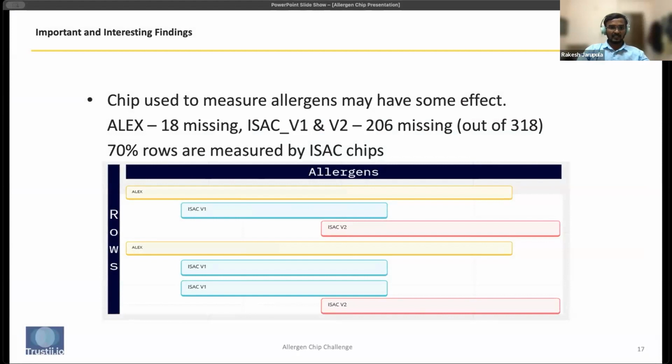And if the patient's allergen proteins were measured by ISAC V1 or V2, there are 206 allergen protein values missing out of 318 protein values. So around 70% of the values for rows measured by the ISAC chips are missing. We don't have any idea about how the proteins reacted with respect to environmental factors. Addressing this would resolve most of the performance issues I shared earlier.